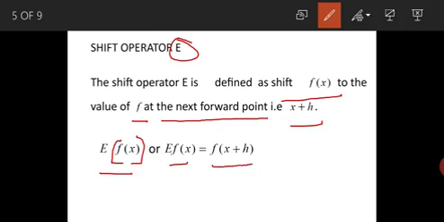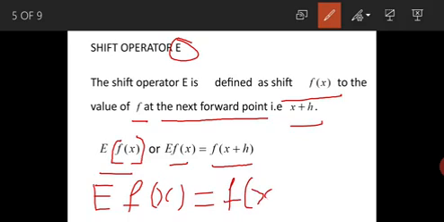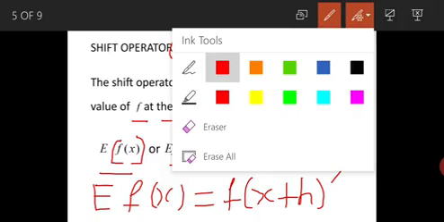That means wherever E of f of x is there, I can say it is f of x plus h. This is the definition, this is the formula. That is, E of f of x is equal to f of x plus h.